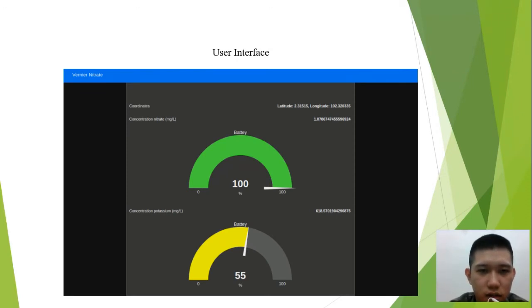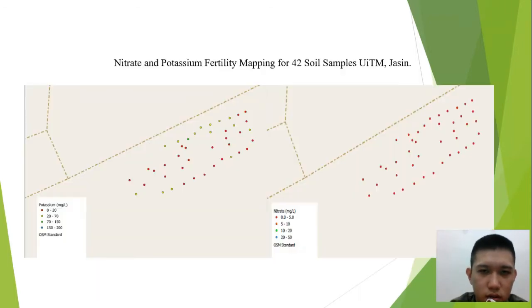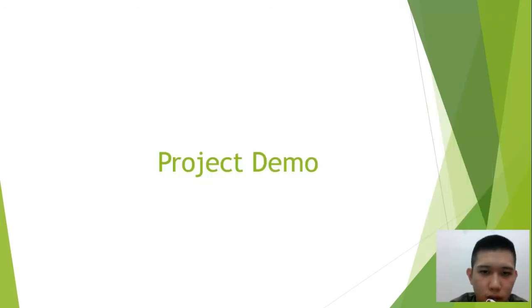The user interface will always monitor the real-time coordinates of the system and the soil nutrient collected by the sensor, also the battery percentage of the sensor that we use. This is a sample of the fertility mapping that we have formed from the 42 samples of UITN Jasin, and we proceed to the project demo.